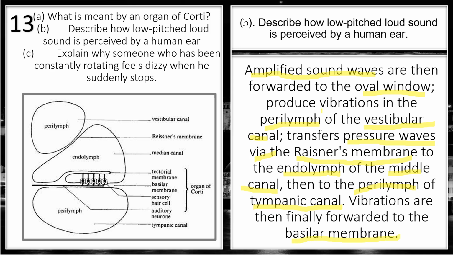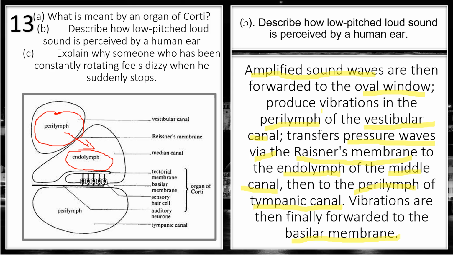So, when the amplified sound is forwarded to the oval window, the oval window is going to produce a vibration in the perilymph. It will produce the vibration in the perilymph of the vestibular canal. Then this vibration will be passed over to the middle canal into another fluid which we are calling the endolymph.